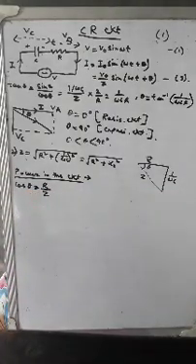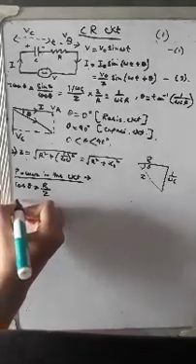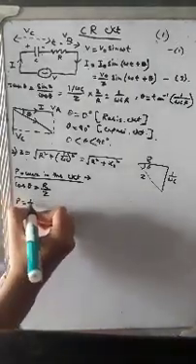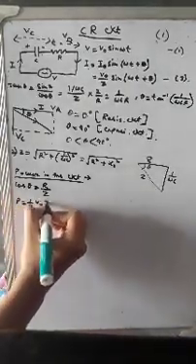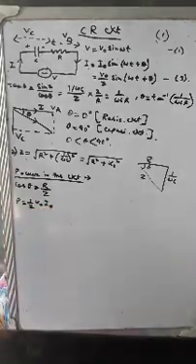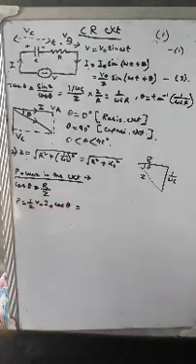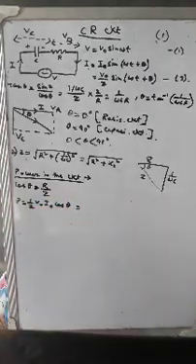So now if you consider the equation for your power, what equation did we use to calculate the power, students? I'm writing here P equals half V naught I naught cos theta.